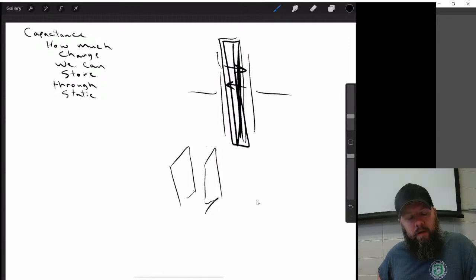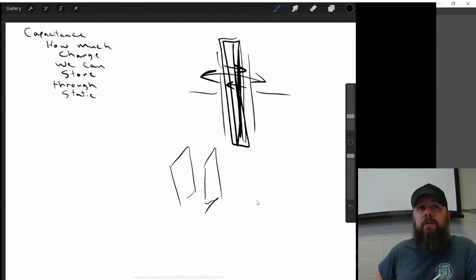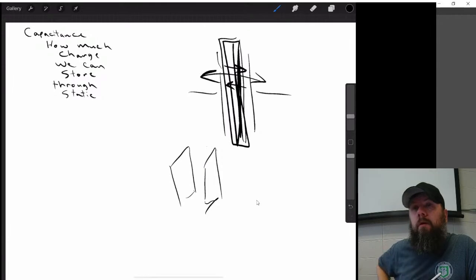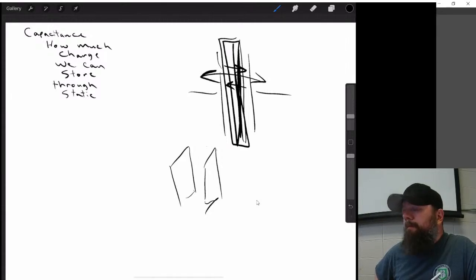Because if we get an electron across here, we've got a problem. Okay? We can't store as many. And in doing so, we damage the capacitor and we usually just blow it up. Right? The distance between those and the surface area. Okay? So that makes sense. Like the bigger the water tank, the more water we can store up there, right?